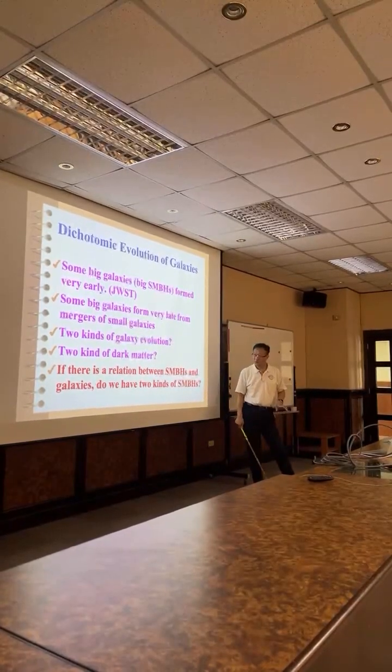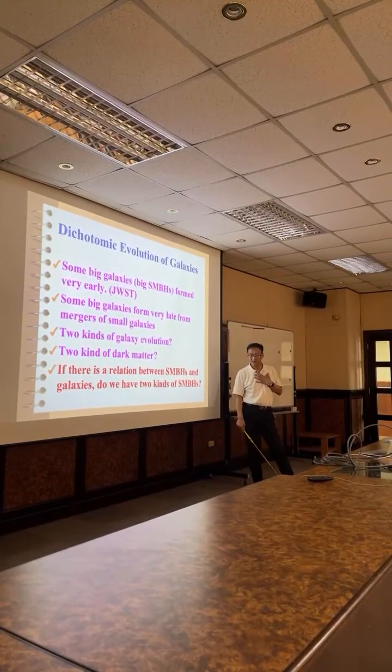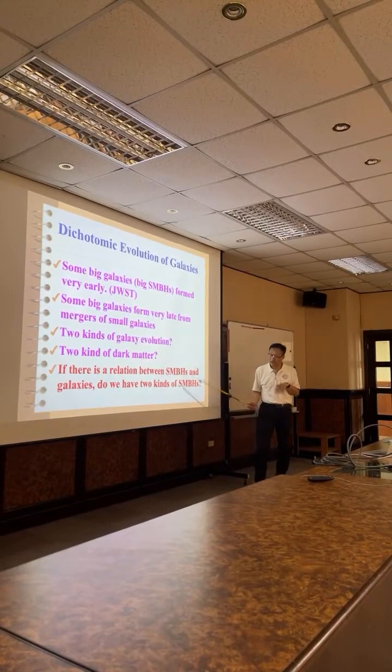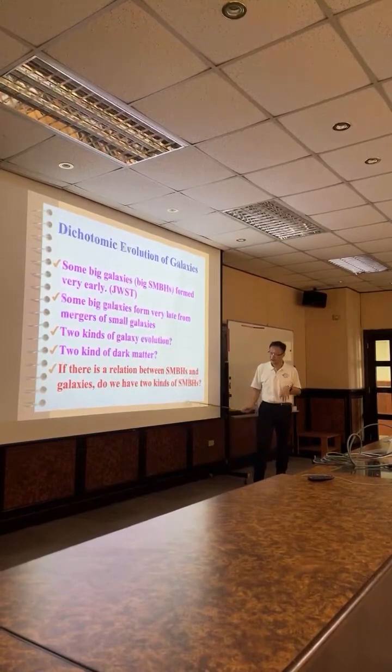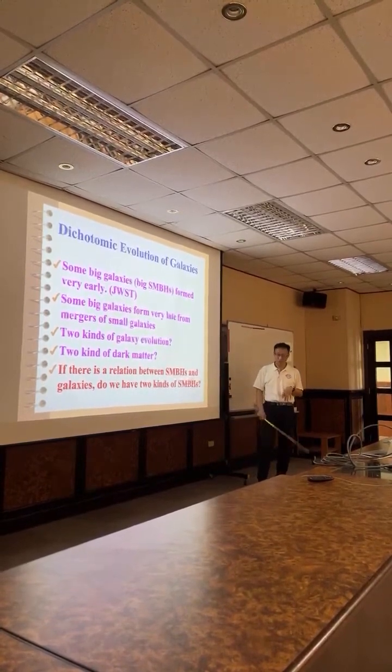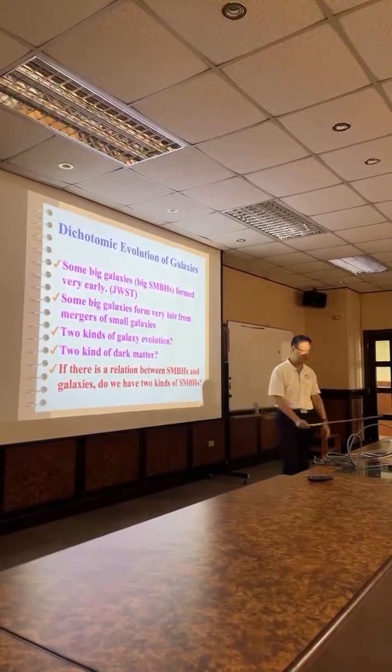And because we usually think about what is the origin, maybe there are two kinds of elements. Probably now we don't know. But if there's a relation between the black hole mass and the galaxy, what is the evidence to show that? Then we should see two kinds of supermassive black holes.